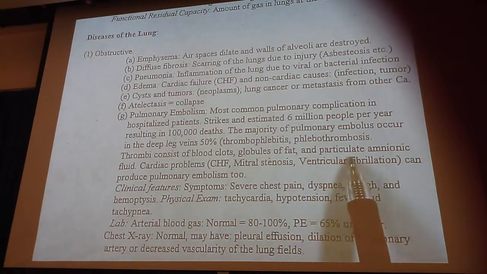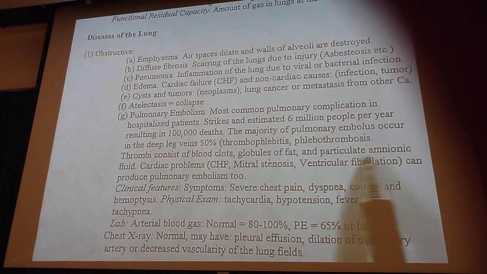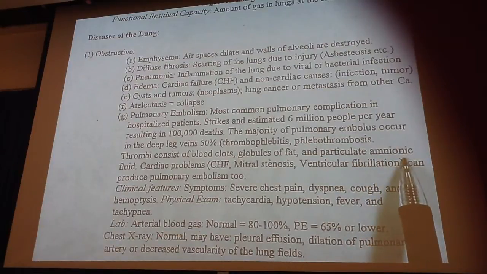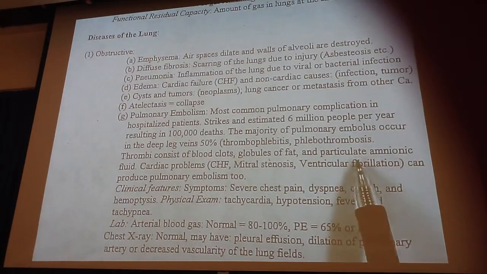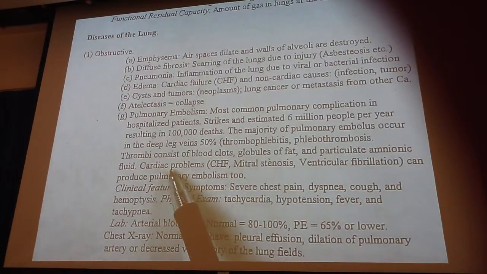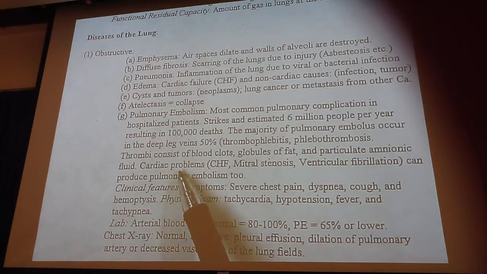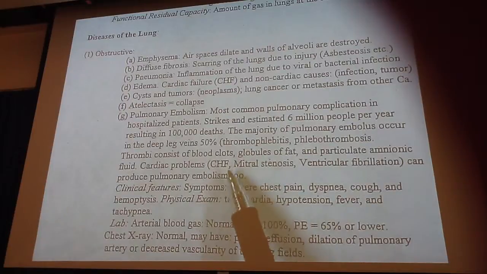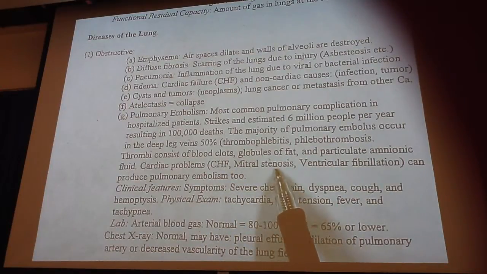A woman who's been pregnant and just recently delivered, amniotic fluid that gets into her blood will cause embolization too. Now, we normally deal with the venous thrombi, but if a person is having cardiac problems, you can form clots on the inside of the heart.